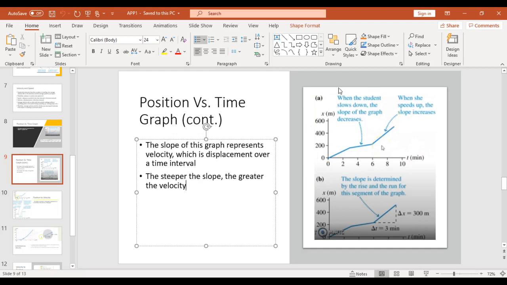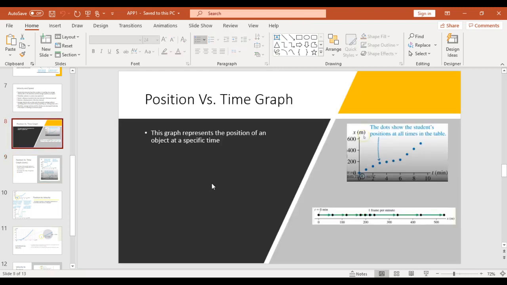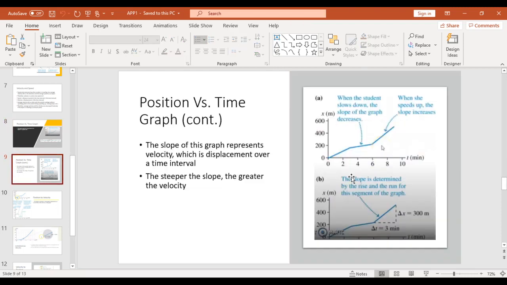So from the right side graph right here, you can see that we've connected the dots, quite literally. And you can see here that there are 3 different slope lines, right? You have one slope going here, then going here, and going here. So what we can analyze from this is we start at 0, 0, right?